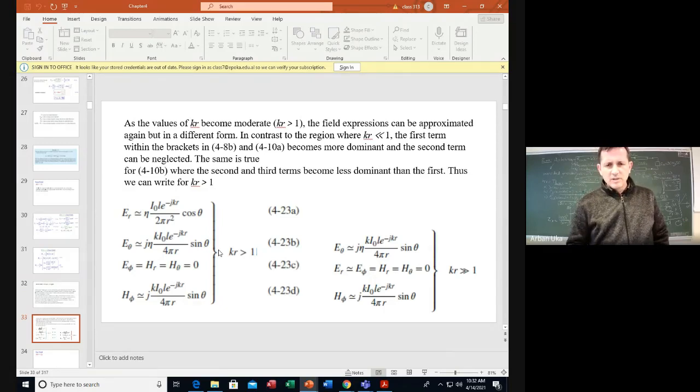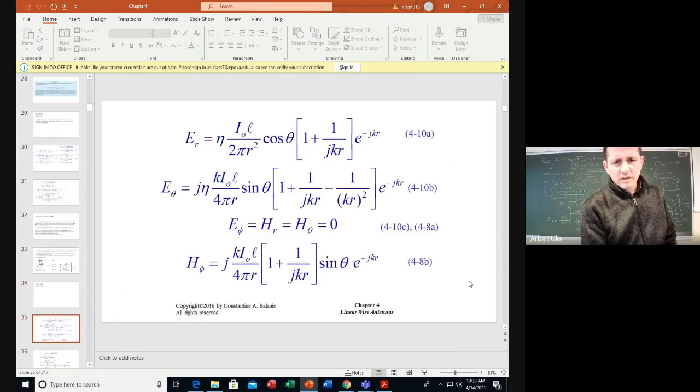We just put them in the same slide so that you can compare what goes on here. And you can notice the difference between the electric field components and the magnetic field. In the near field, only when Kr is larger than 1, and also in the far field where Kr is much larger than 1.